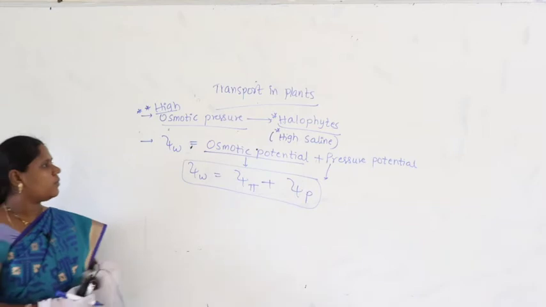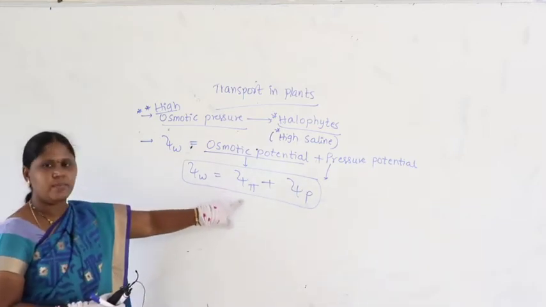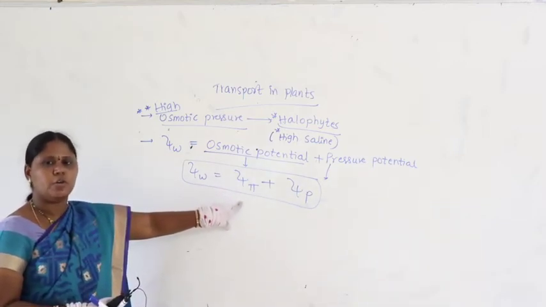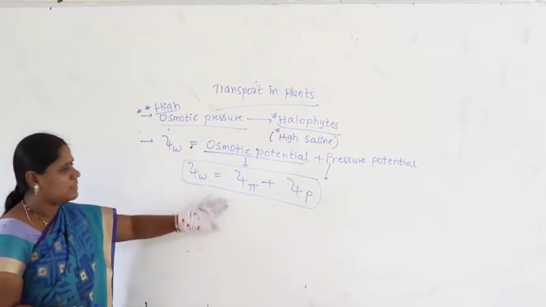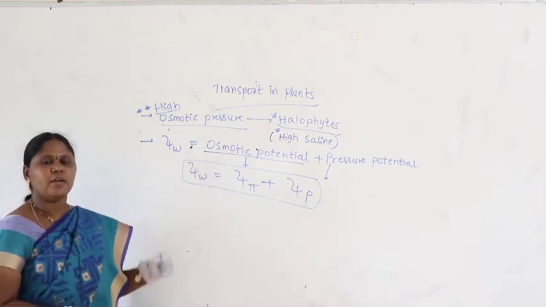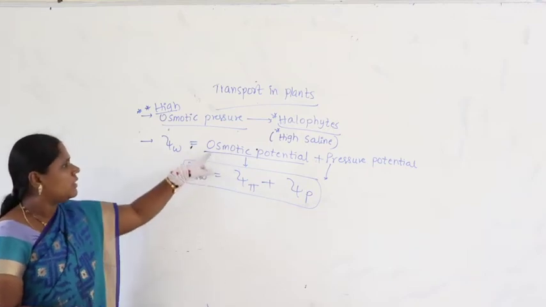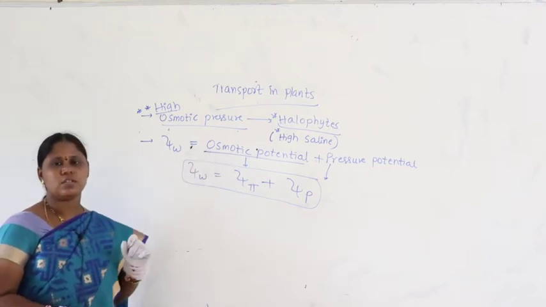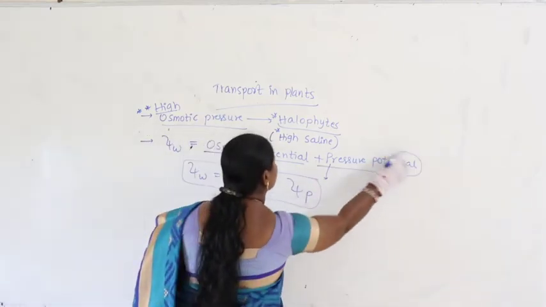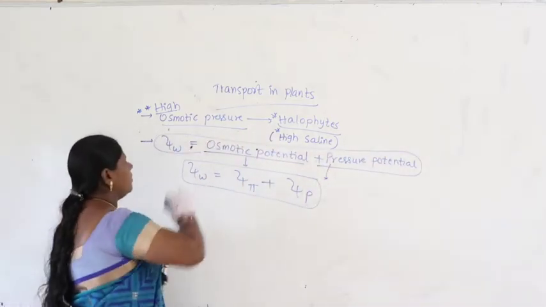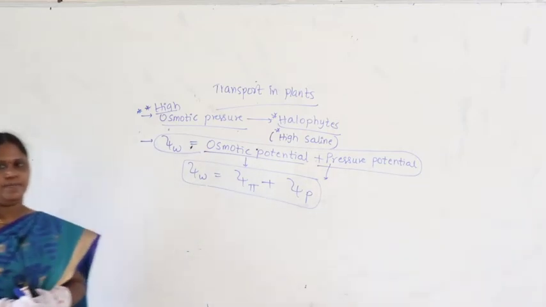Osmotic potential is referred to as psi pi, and pressure potential is called psi p. Osmotic potential is also called solute potential. Sometimes the solute potential terminology may not be used in the question; at that time they make use of the concept called osmotic potential. Osmotic potential plus pressure potential constitutes what is called water potential.